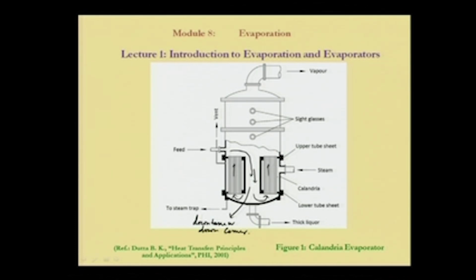Now, typically in the case of calandria type evaporators, the shell diameter is typically 1 to a few meters, and the tube diameter is usually 2 to 3 inch.